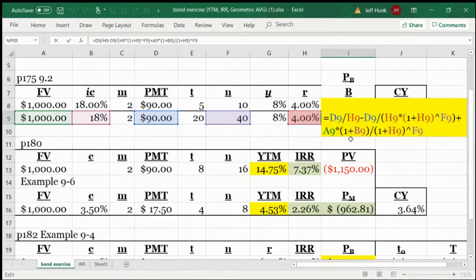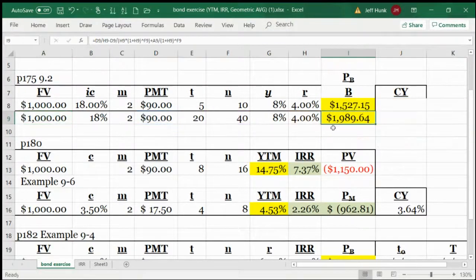And the adjustment is what? Instead of this, just use 1,000 as the face value. Then this should be the price of this bond, right? If it is a regular bond, with 20 years left.